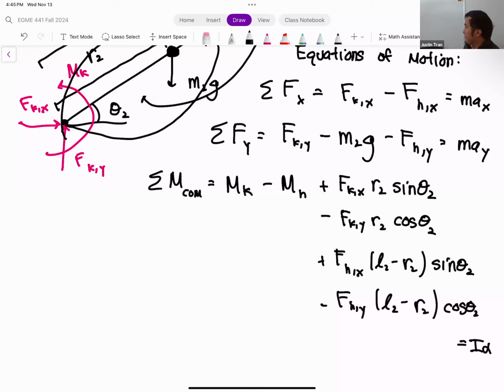All right. Any questions on this part here? Okay. Good. Just like we did with the lower leg, let's go ahead and compute the linear accelerations now, AX and AY.